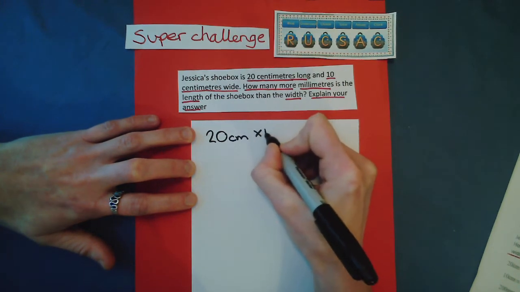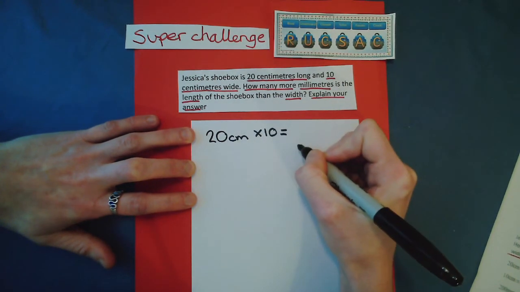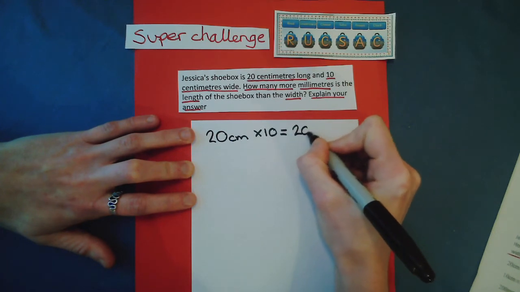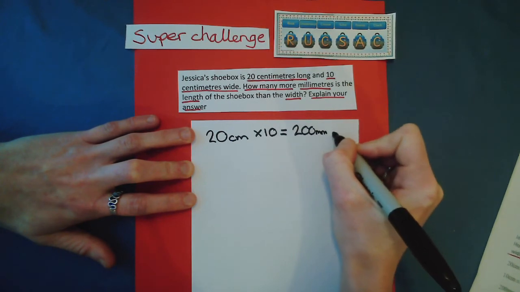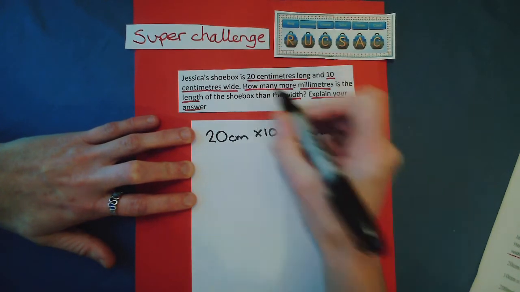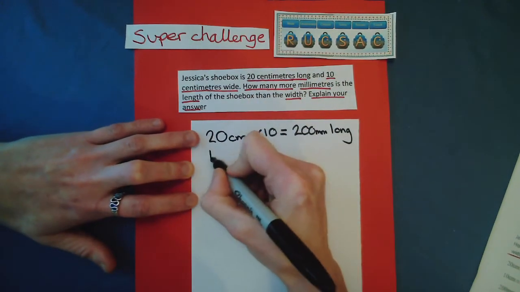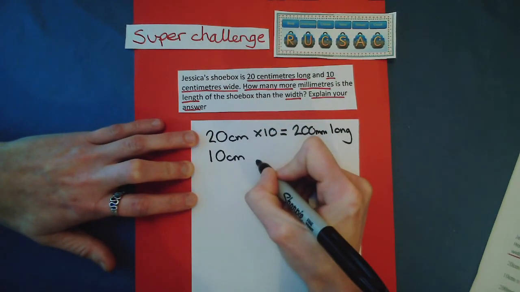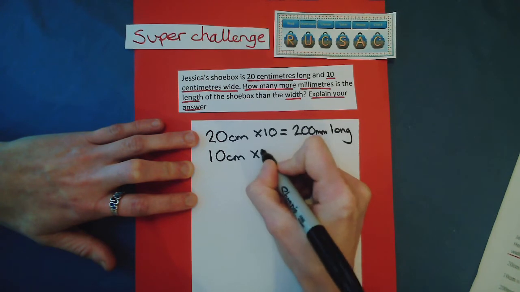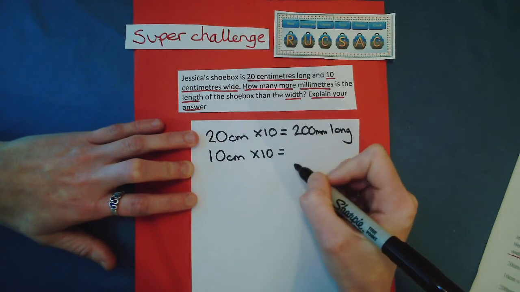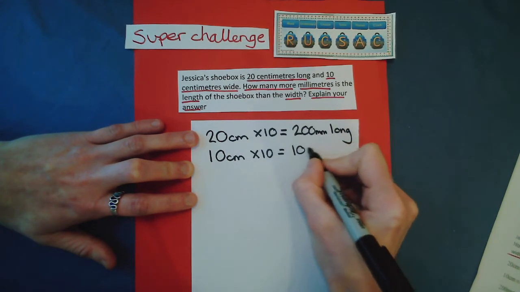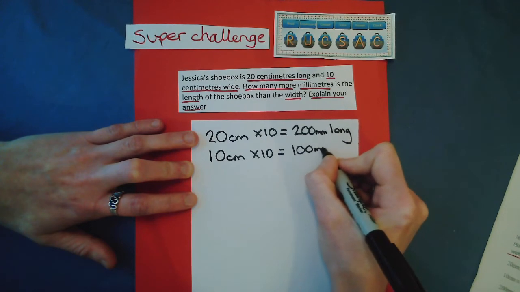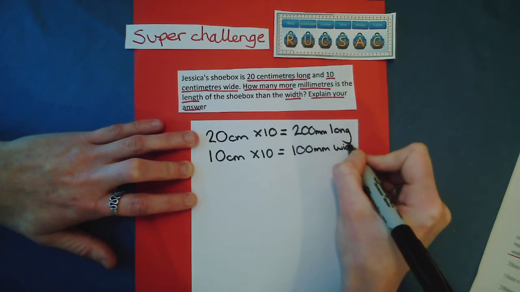That's right, times by 10. What's our answer? Yep, 200 millimetres, and that's long, because it's 20 centimetres long. 10 centimetres, convert to millimetres, times 10 again. What's 10 times 10? That's right, 100 millimetres wide.